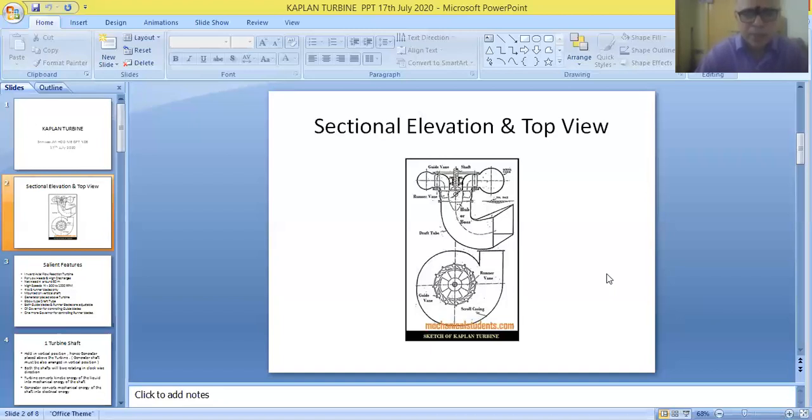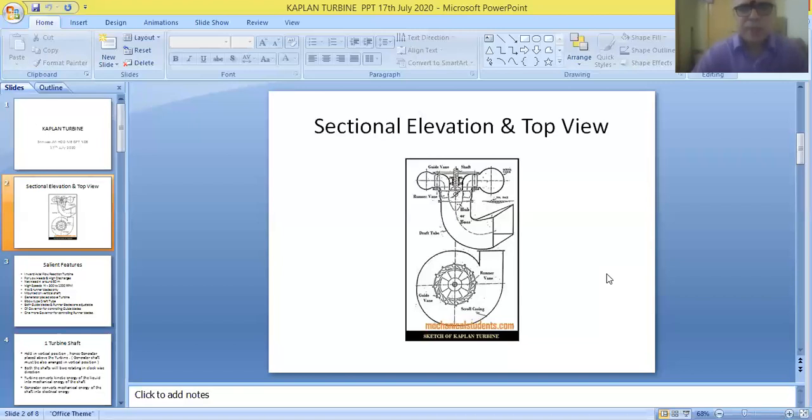That means it is fitted to the penstock that is fixed inside the dam. So water coming out of the penstock will be entering the casing, and it will be flowing in clockwise direction. So friends, this is the arrangement of KAPLAN turbine.